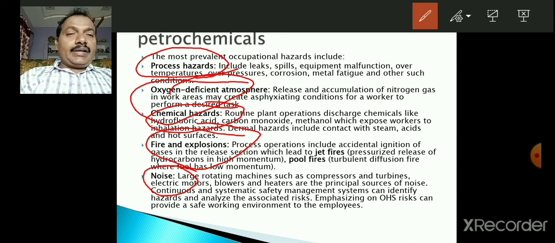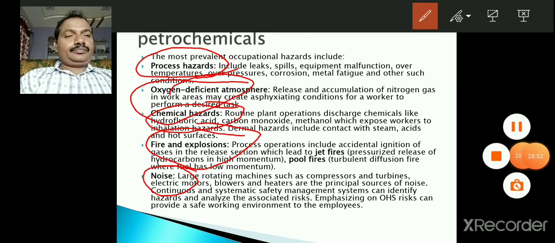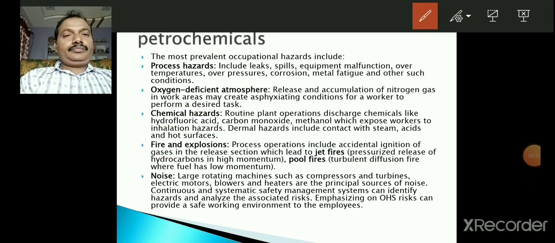These hazard conditions are to be taken care of, and necessary safety steps must be taken to prevent emergency conditions. Process hazards include leaks, spills, equipment malfunction, over temperatures, over pressures, corrosion, metal fatigue, and other such conditions.